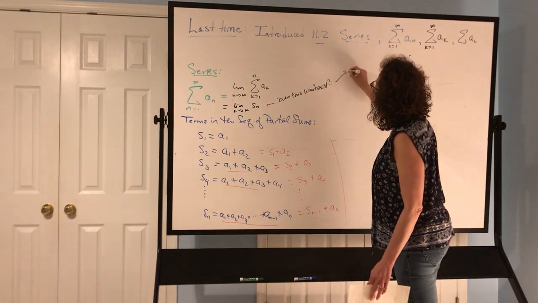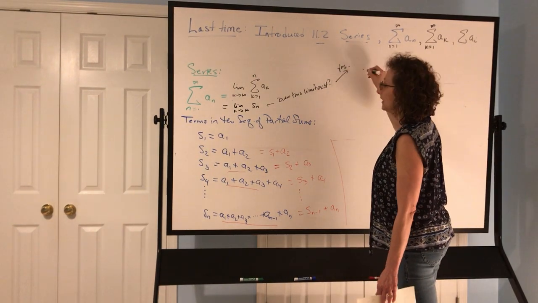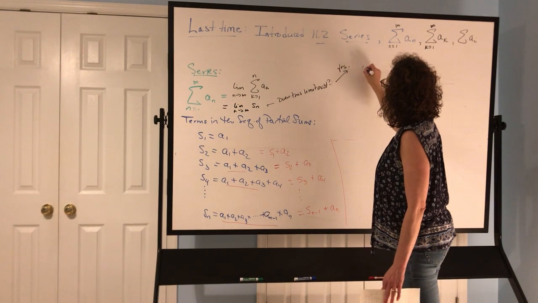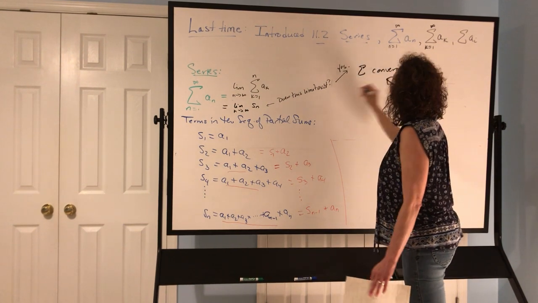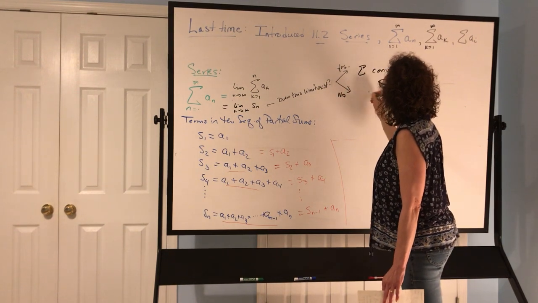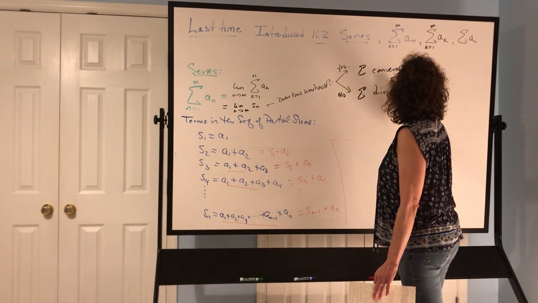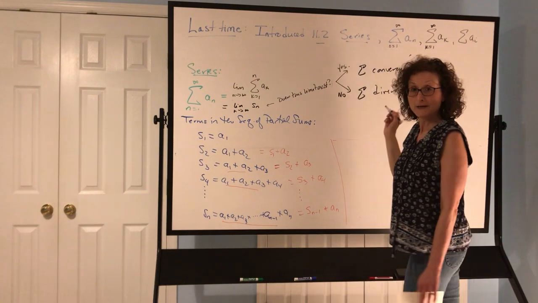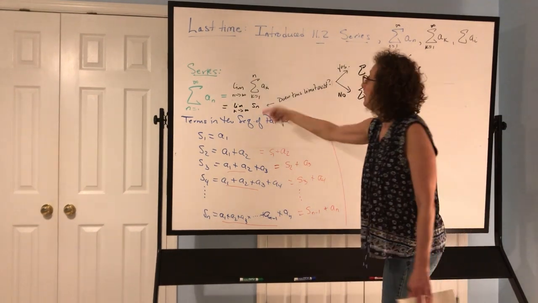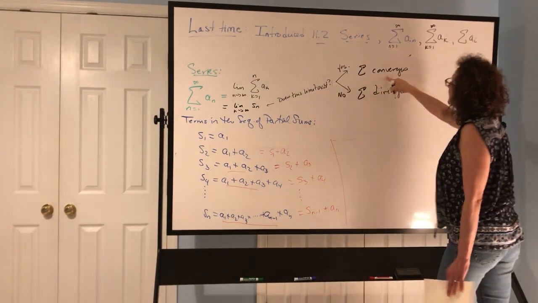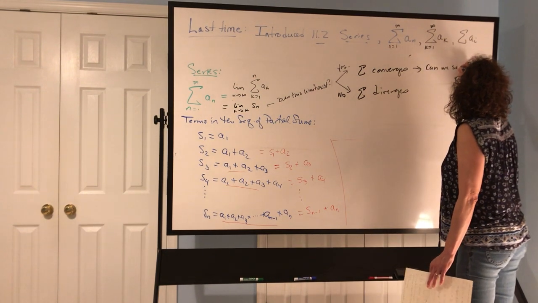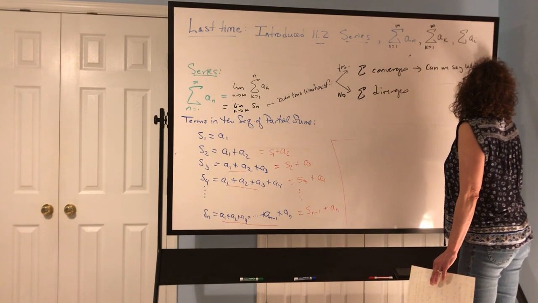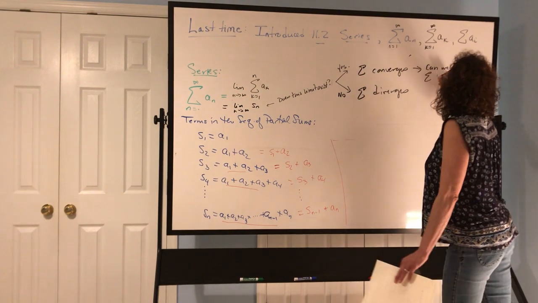If the answer is yes, then what happens? The series converges. And if the answer is no, then what happens? The series diverges. Right? If the answer is yes and the series converges, then the question is, can we say what the series converges to?